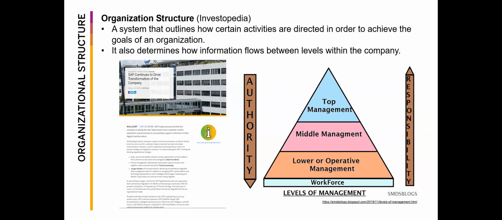It's also common that organization structures change throughout the years, maybe in a year or two, depending on the mission or the strategic direction of the organization for that year.